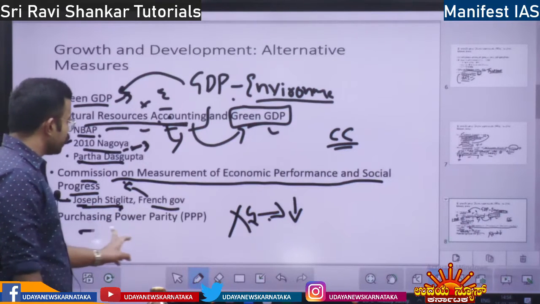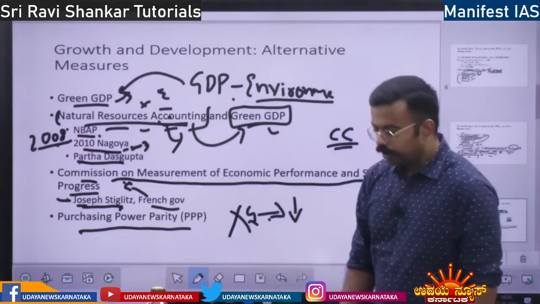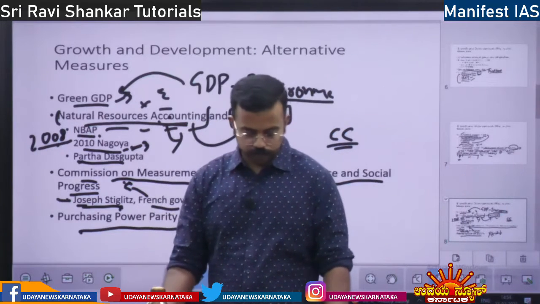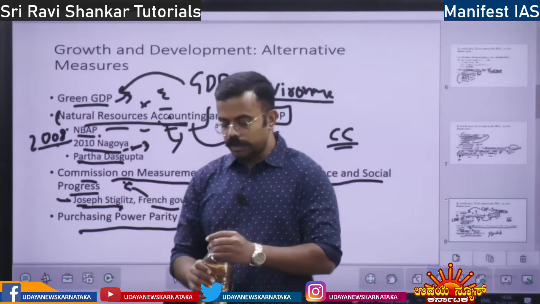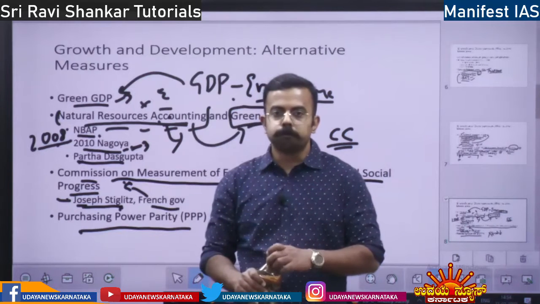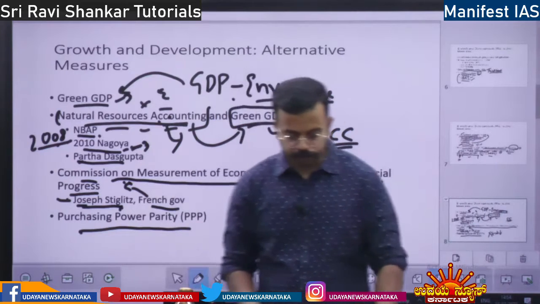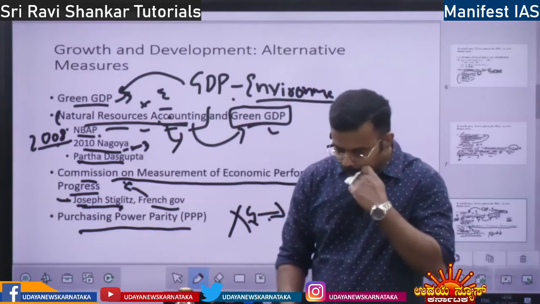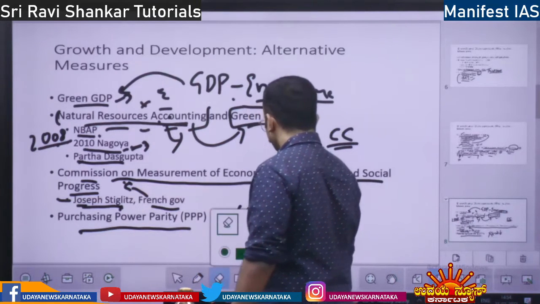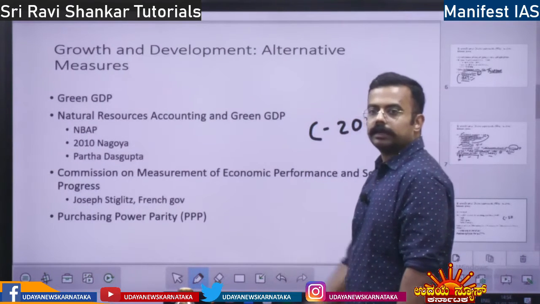Okay. So now we have the Purchasing Power Parity. What is Purchasing Power Parity? How much is a coconut in India? Let us say a coconut is valued at 20 rupees in India. Coconut value in India is 20 rupees, right?